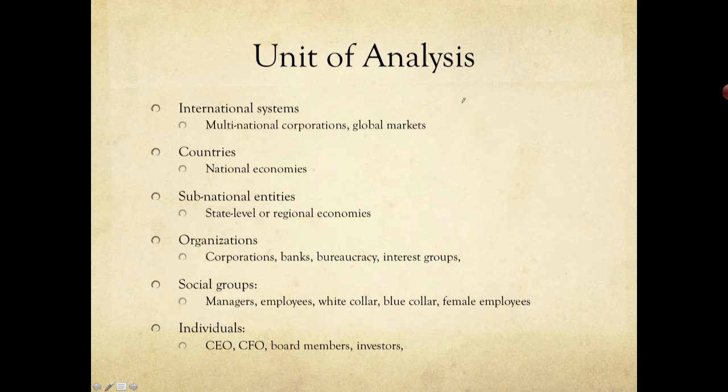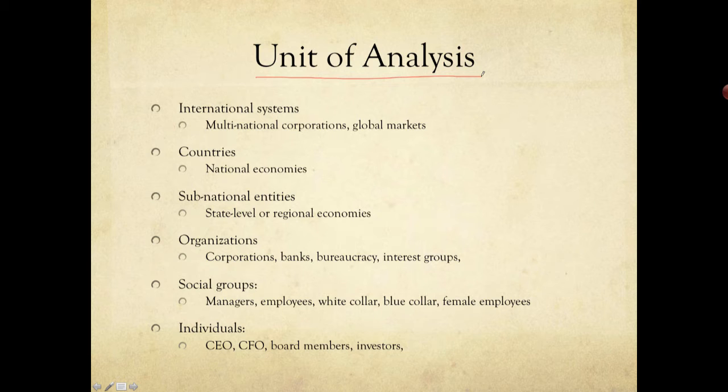Any phenomena that you will end up studying will vary tremendously in terms of the range of generality or specificity at which it could be studied. And in the social sciences, we talk about the unit of analysis in order to talk about at what level of generality you are analyzing a particular phenomena.